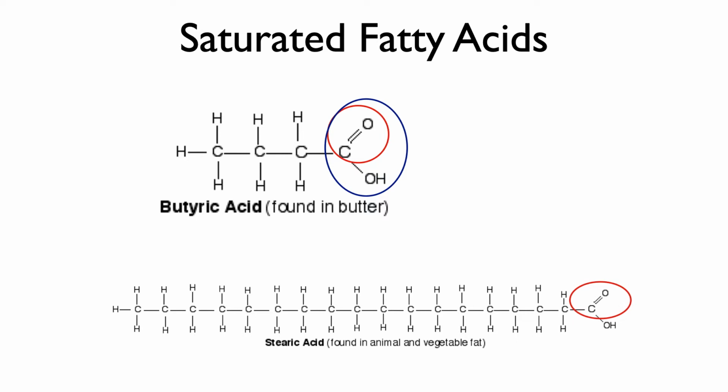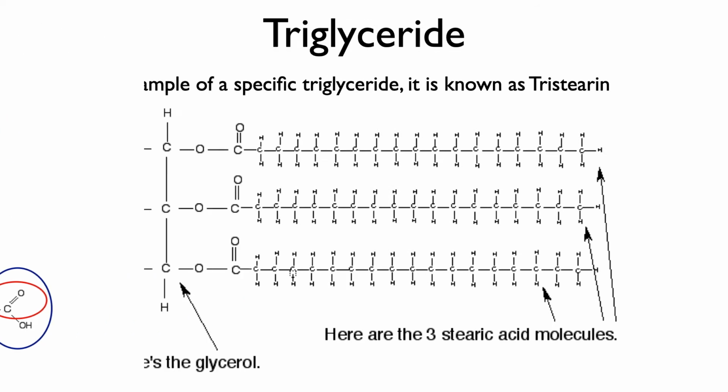Down below, a slightly larger molecule, stearic acid, carbonyl group, carboxyl group, so a little bit of polarity at one end, but mostly nonpolar and therefore hydrophobic. So we take these guys and we attach them to that glycerol backbone. Here's a specific one. This is called tristearine because it's got three stearic acid molecules. Those are the fatty acids that have been attached to the end.